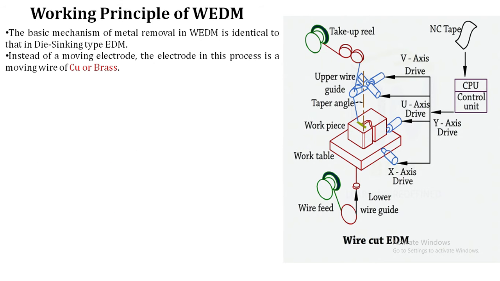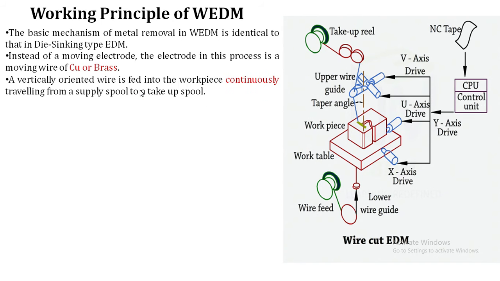Next, instead of a moving electrode, the electrode in this process is a moving wire, like copper or brass. So in a die sink EDM process, there is a continuous moving electrode. Instead of that, in this wire EDM process, actually a wire is used, like copper or brass type wire, for this type of machine.